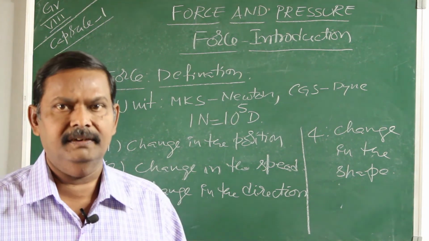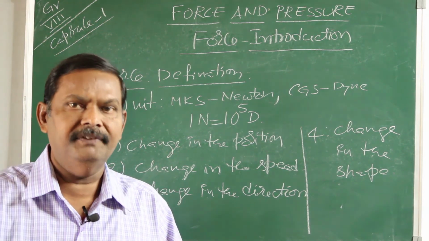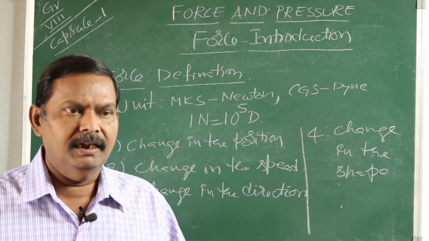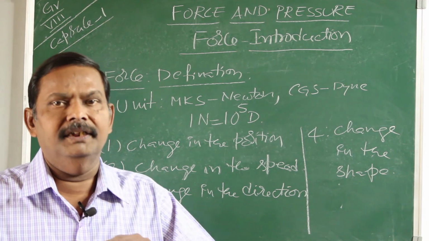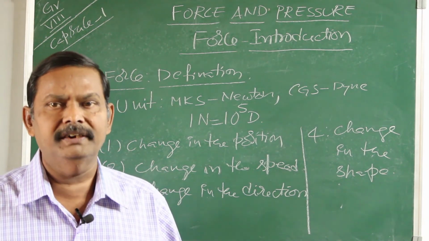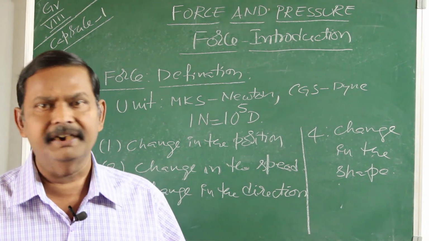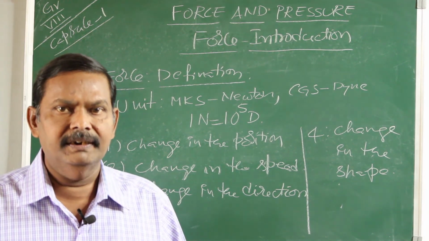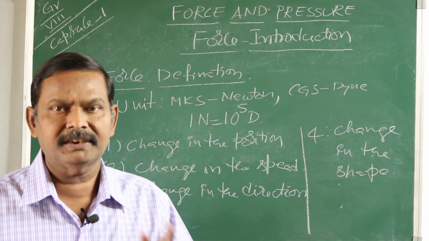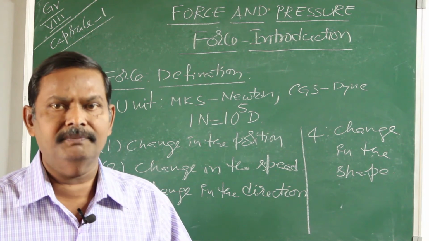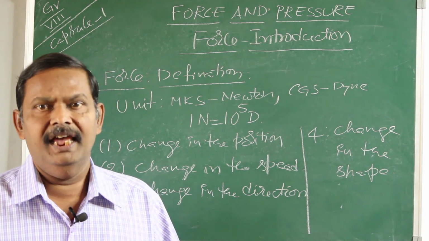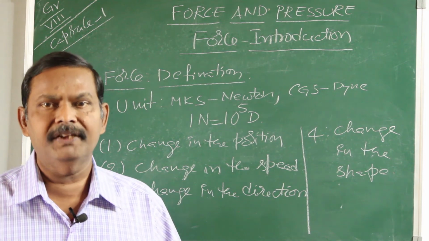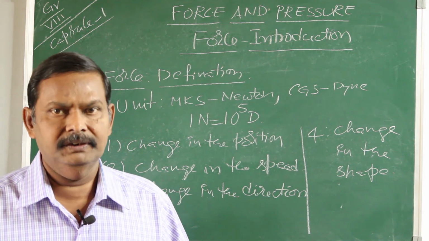First he will hit the gold coin, and then he can change the shape of the coin to a ring or any chain or anything. So here the agent of force is the muscular force of the goldsmith, object is the gold coin, effect is change in the shape of the gold coin.